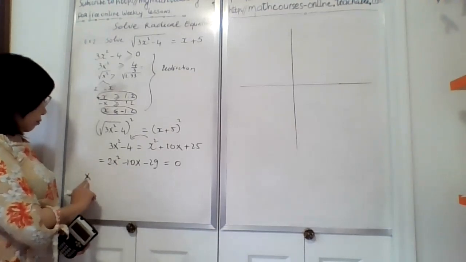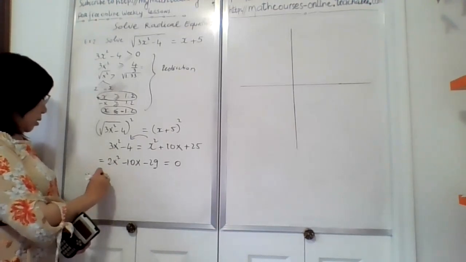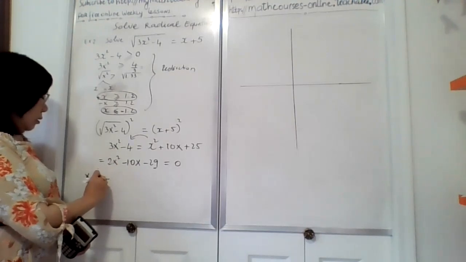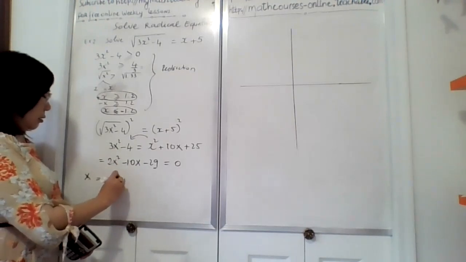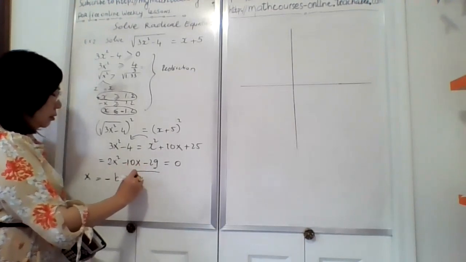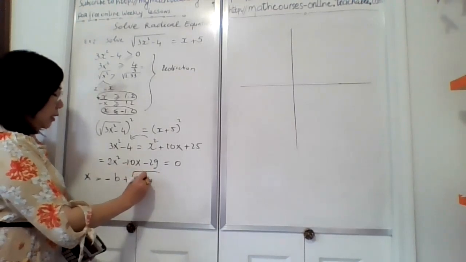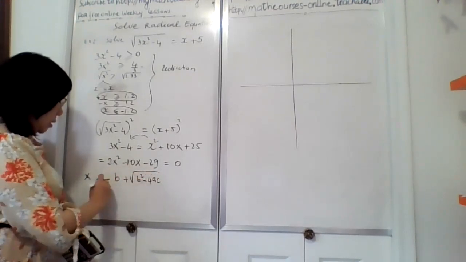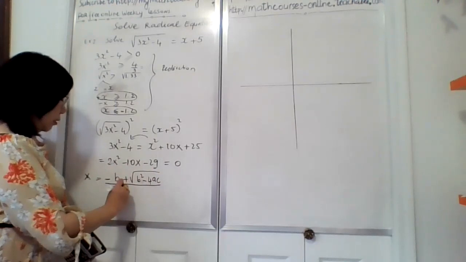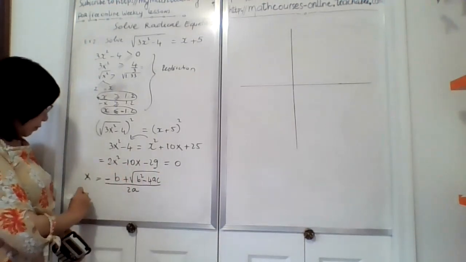So x, which results in x1 and x2, will be equal to negative b plus or minus the square root of b squared minus 4 times a times c, all of this over 2a. That is the formula. So I'm going to use this and solve for this.